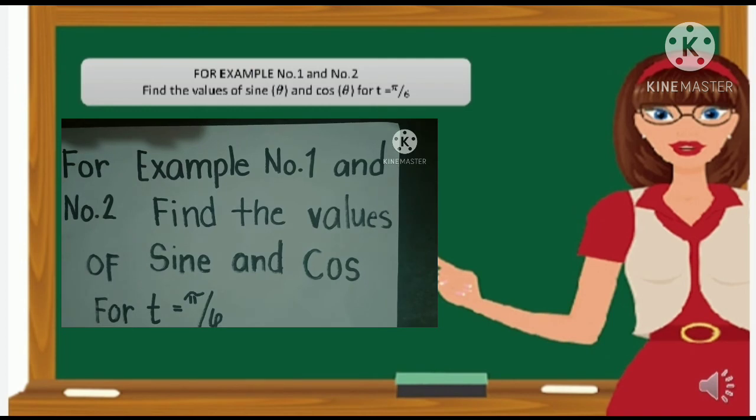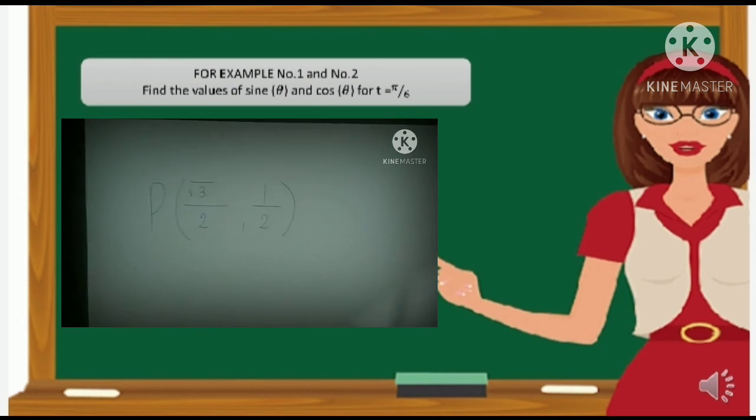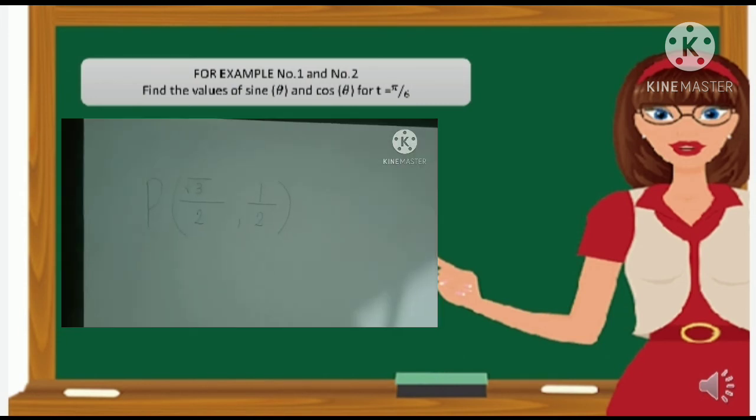Let's take a look at the example that I have written here as well. We are going to find the values of sine and cosine for t equals pi over 6. This is the terminal point P determined by the real number t.